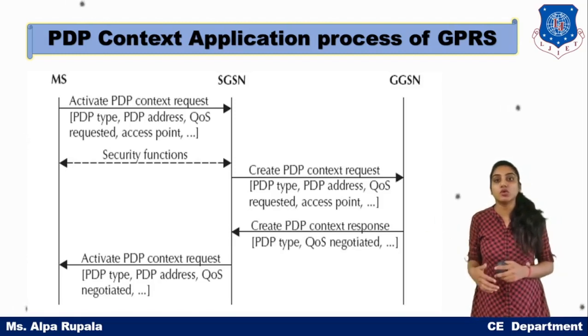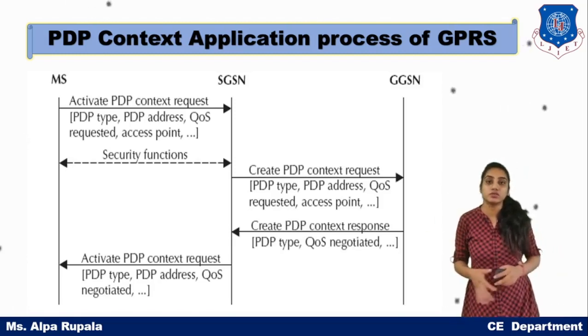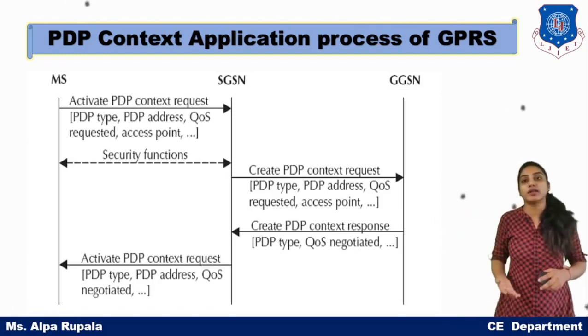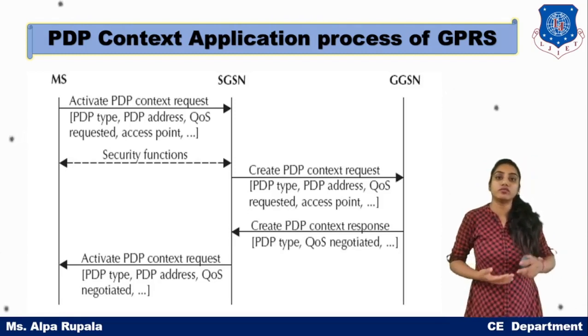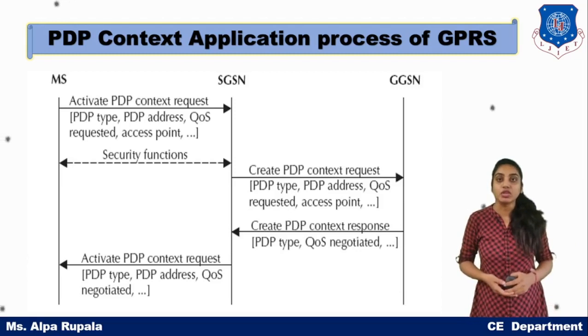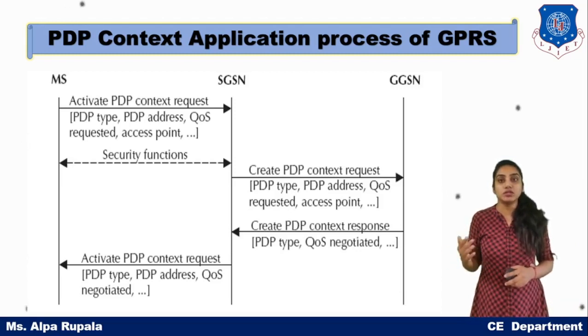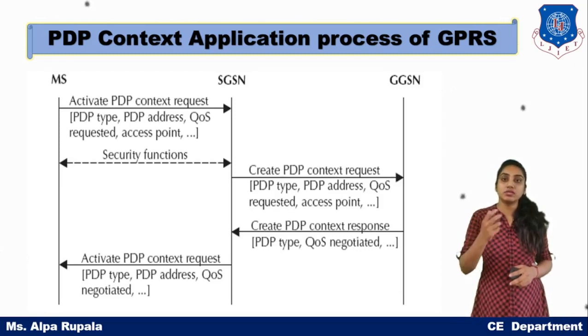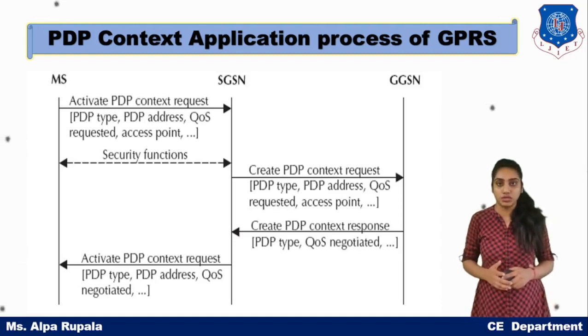And then the QoS, that is quality of service. Whatever quality of service you require, we request that from the SGSN and the GGSN. The last one is the access point, through which we want to communicate.